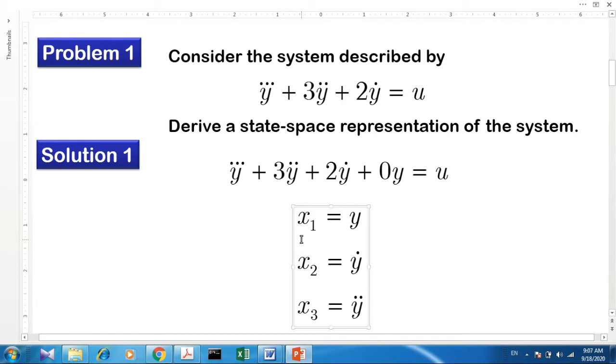These are the state space variables, 3 state variables x1, x2, x3, because we deal with a third order differential equation.